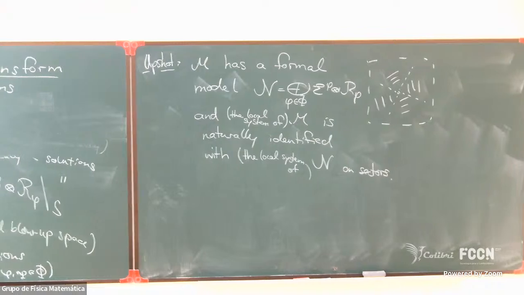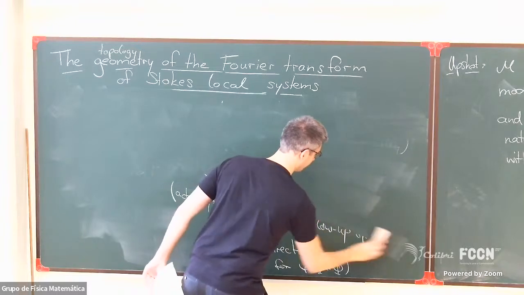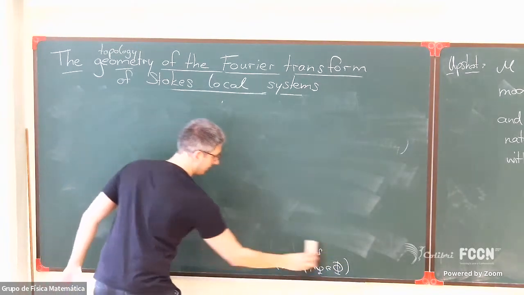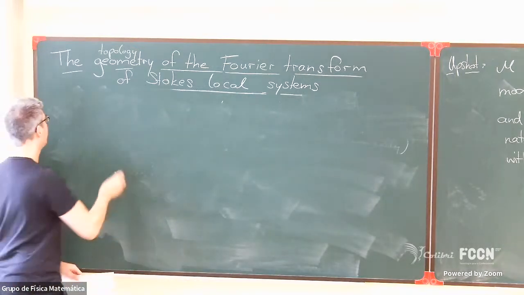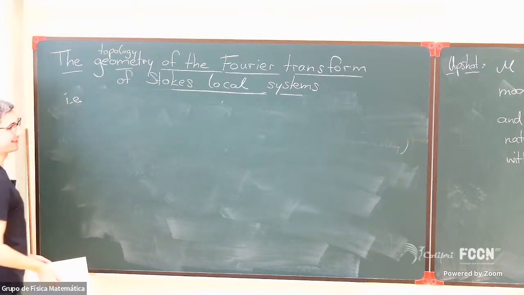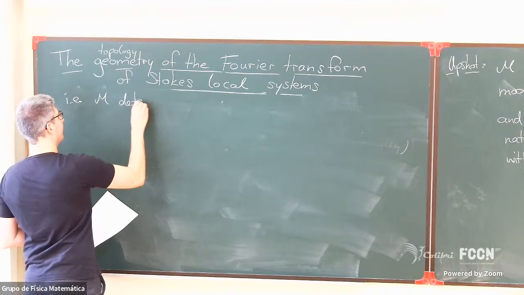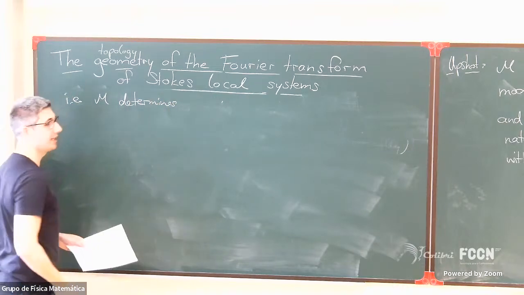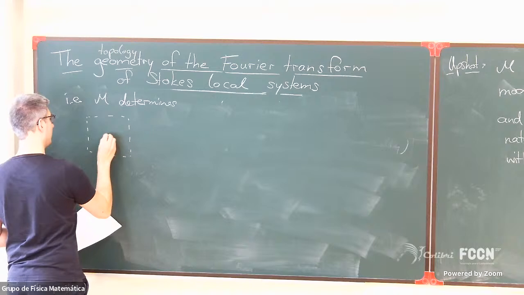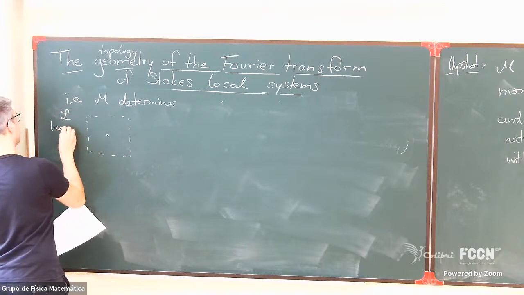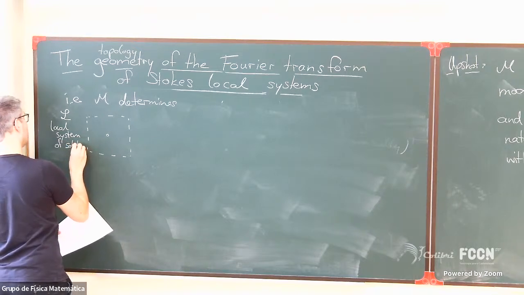So the question is, is there an object where I can put all these data together? So this is again a reformulation of what I had. If I start with a meromorphic connection, it determines, of course, its local system of solutions.